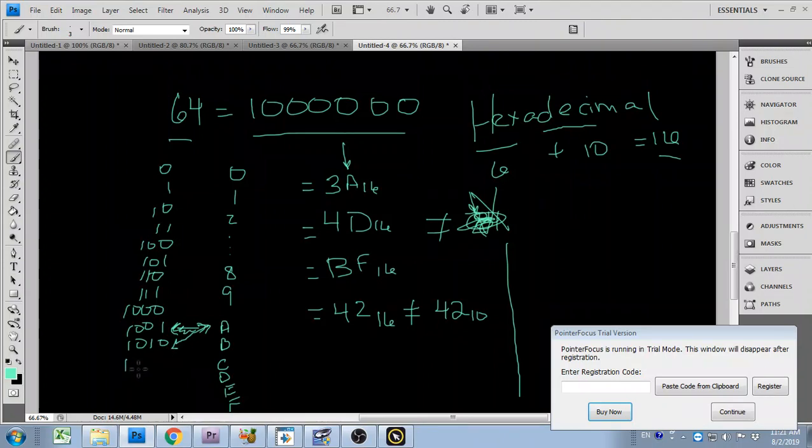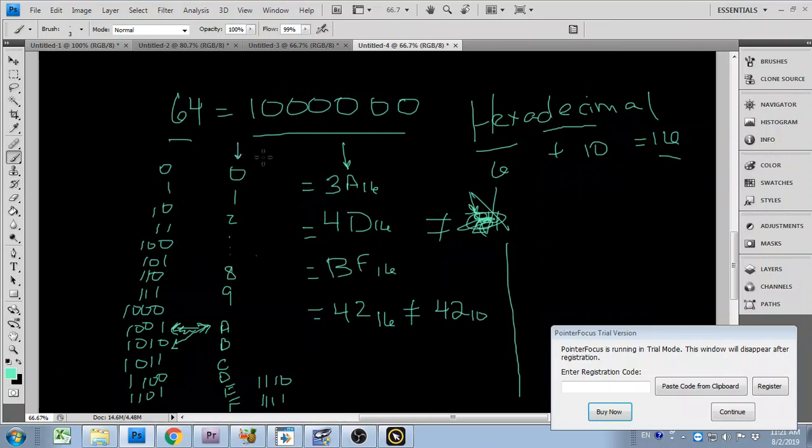So the next one would be 1, 1, 0, 0. That would be 10, 11, 12, 13. I'm running out of room. I'll write over here 14, and then finally 15. Now, I wrote all that out to show the largest number that you can have with a single hexadecimal digit.